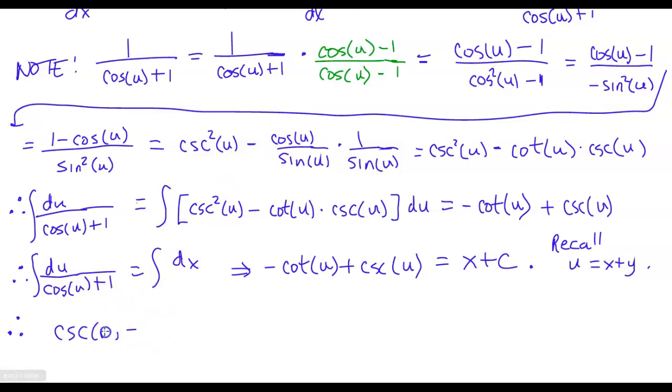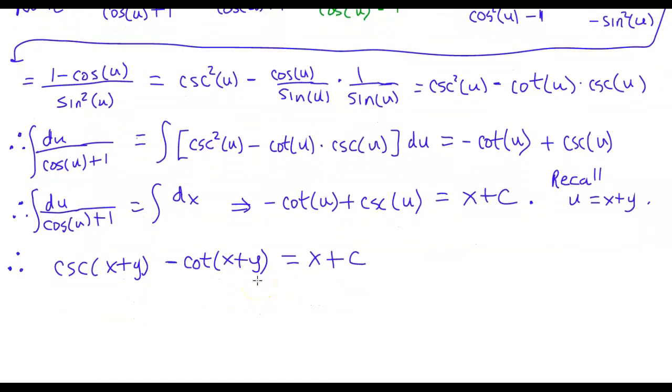I'm trying to back substitute u here. So cosecant of x plus y minus cotangent of x plus y, and that'll be equal to x plus c. And so from here, this would be our general solution.